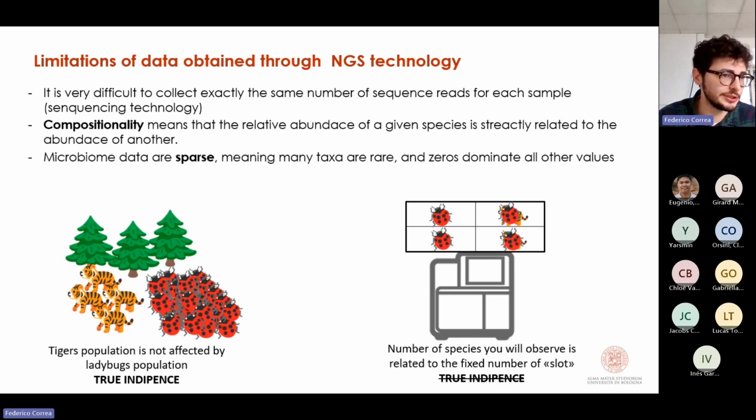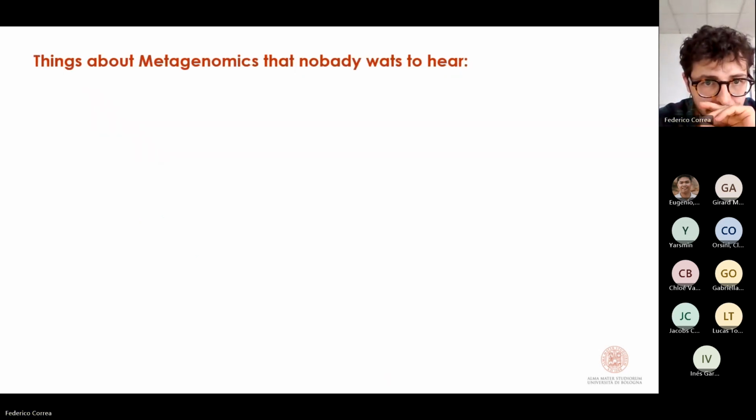I will refer to this as sampling effort, sequencing depth, but at the end of the day, we always have these differences in sequence abundance that are not biologically meaningful.